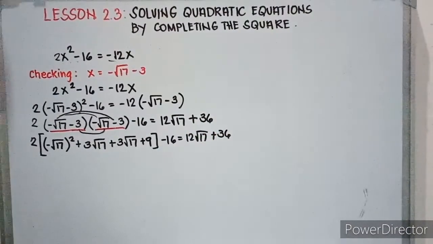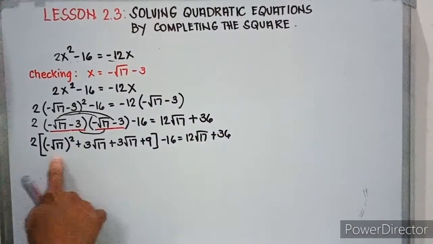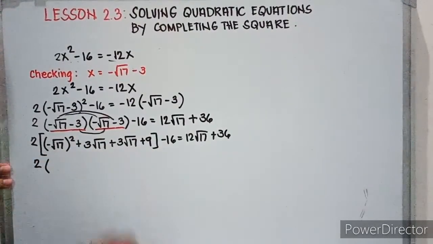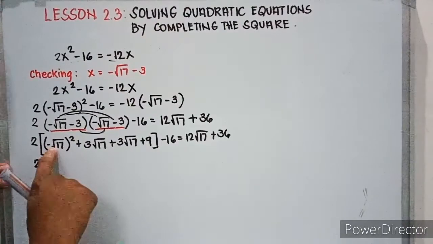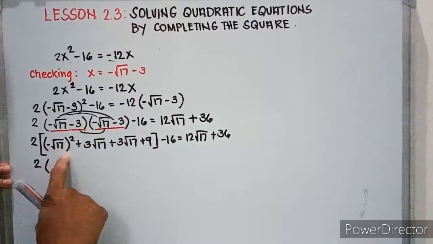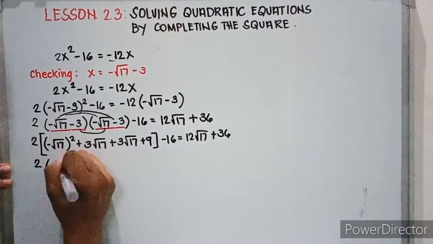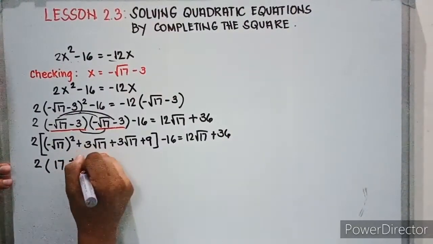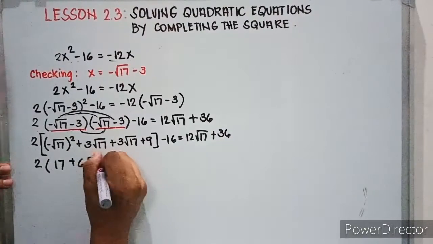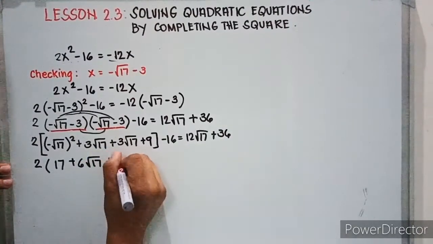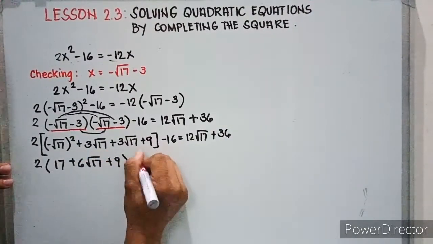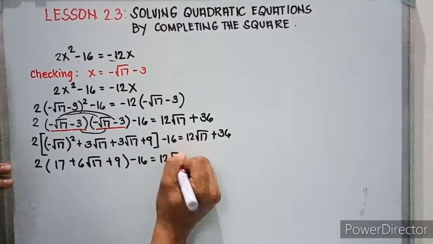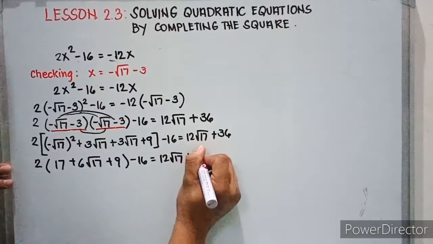Then let us simplify what is inside. So we have 2 times negative times negative, positive, square root of 17 times square root of 17, that is 17. So we have 3 plus 3, that is 6 square root of 17 plus 9 minus 16 equals 12 square root of 17 plus 36.